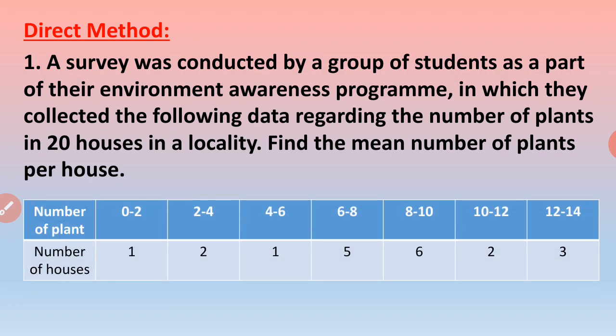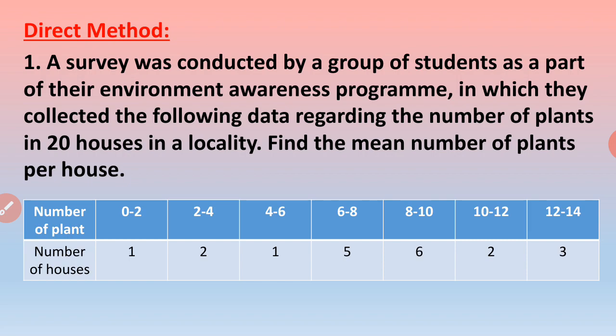Here, if you study the table that is given, for number of plants from 0 to 2, there is only one house. Number of houses 1. For the number of plants from 2 to 4, there are 2 houses. This is how the table reads.